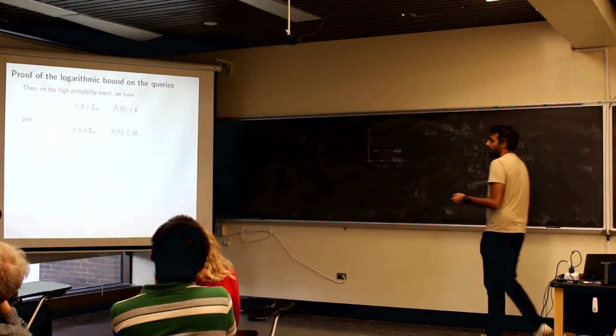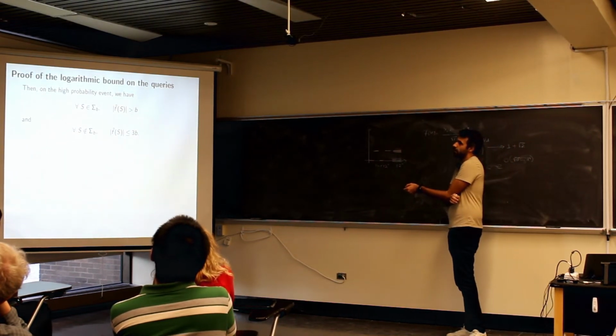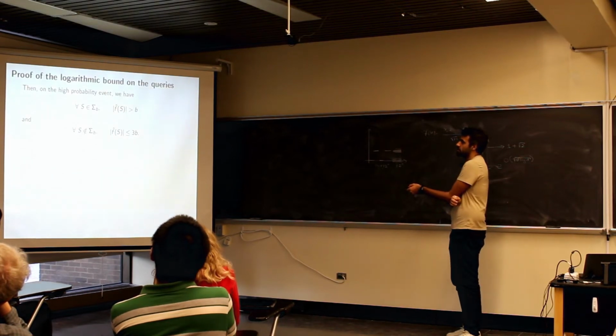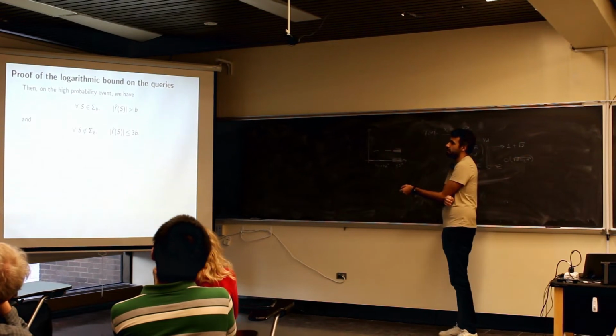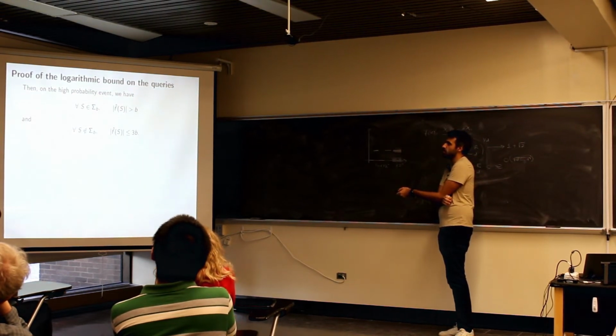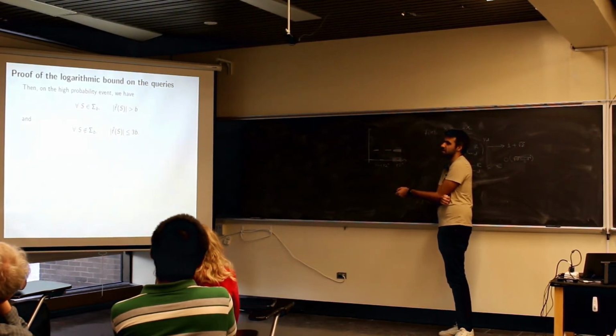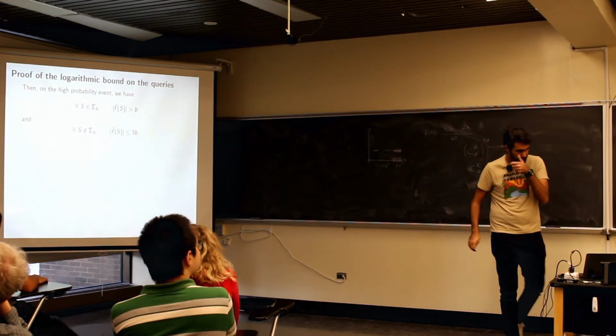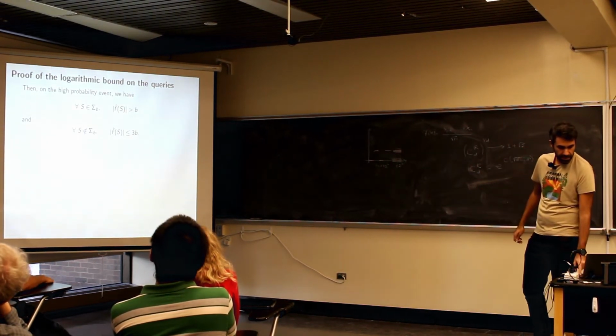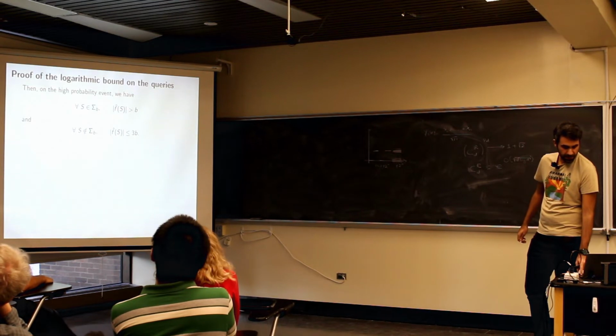And since I am on the high probability event, the empirical and the actual are b apart, so when the empirical is large, then the real one is bigger than b, and when the empirical is small, then the real one is smaller than 3b. Okay.